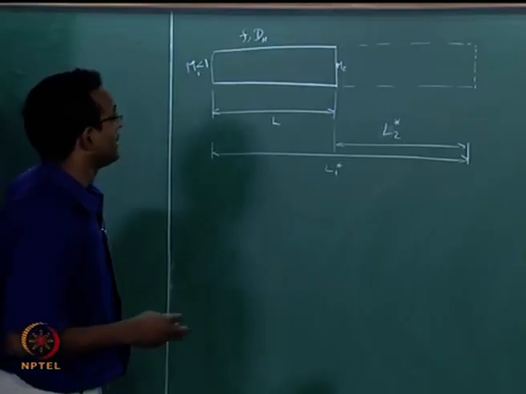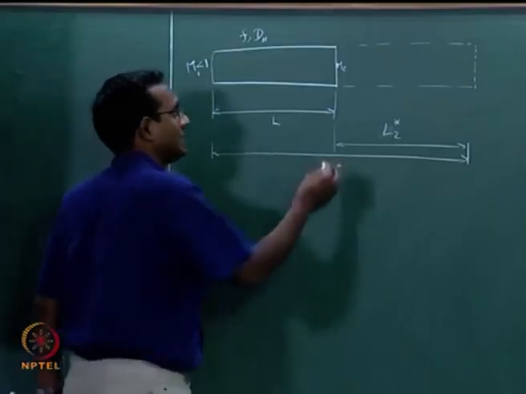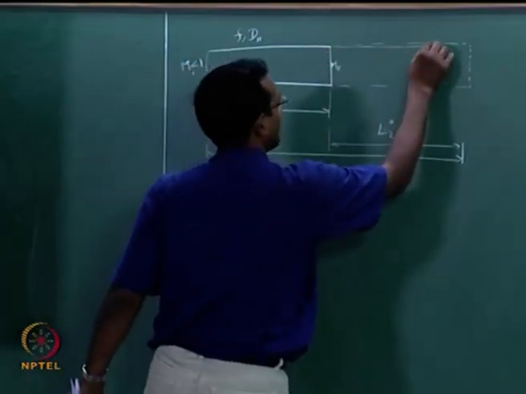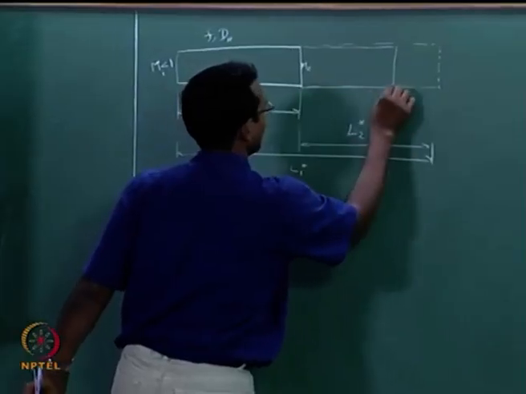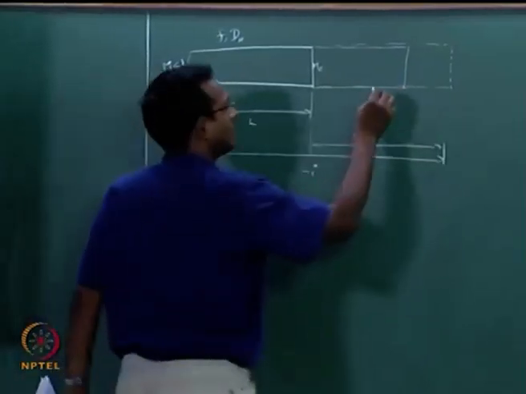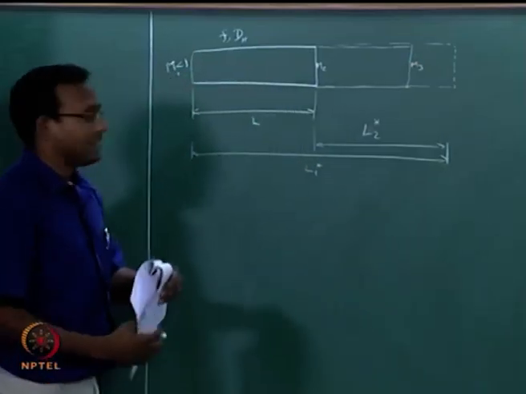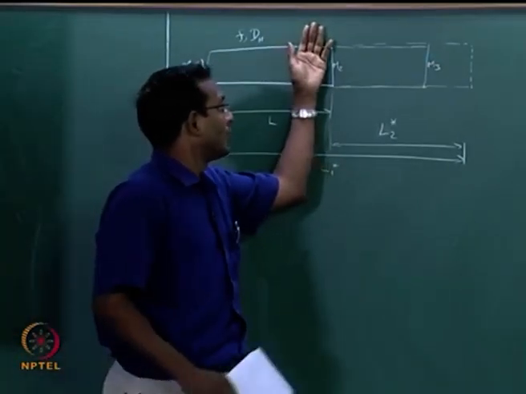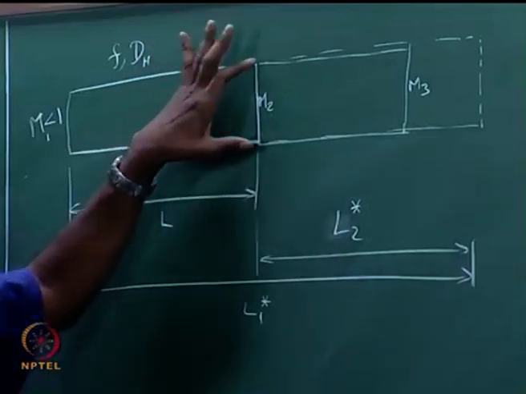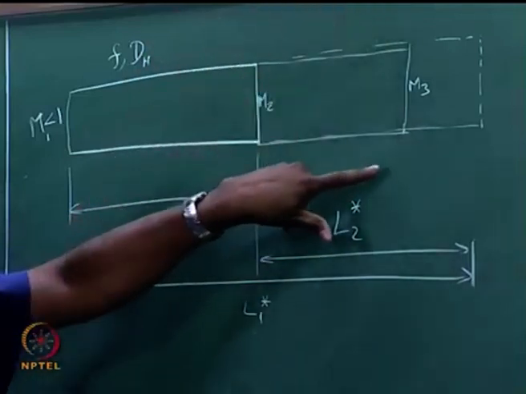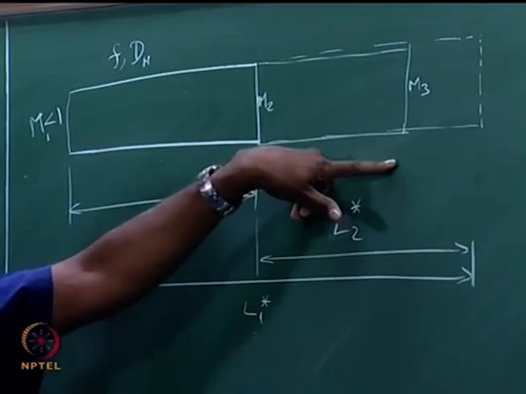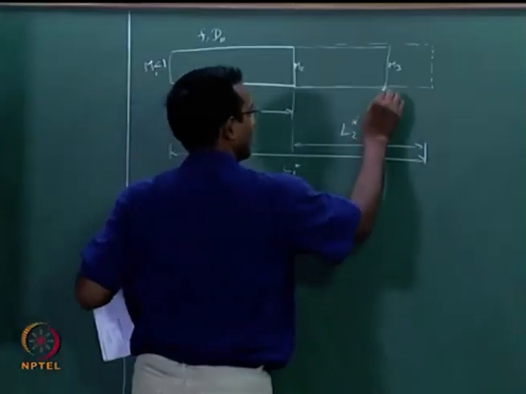Now I will make the case a little more complicated. I will just say I extended the length only up to here, not past my L star. Then what will happen? I will consider this as an M3. If I start from M2 and think of this problem, it is a duct of this length, whatever this length is, L prime, let us say.